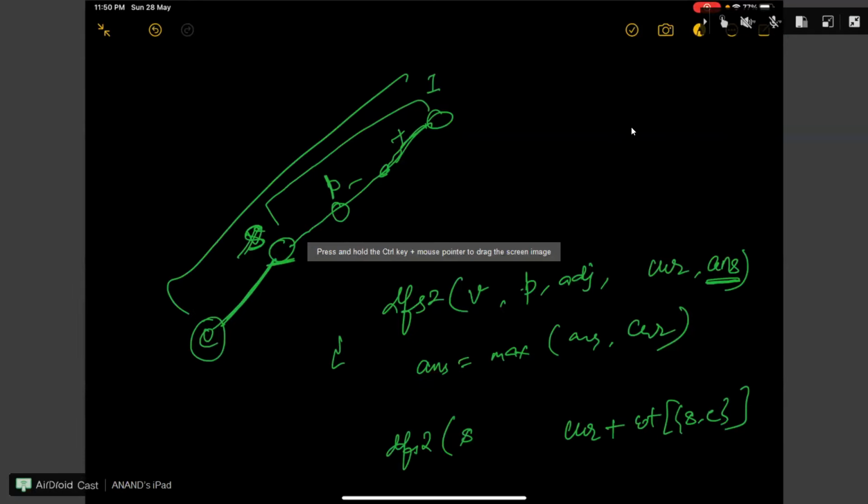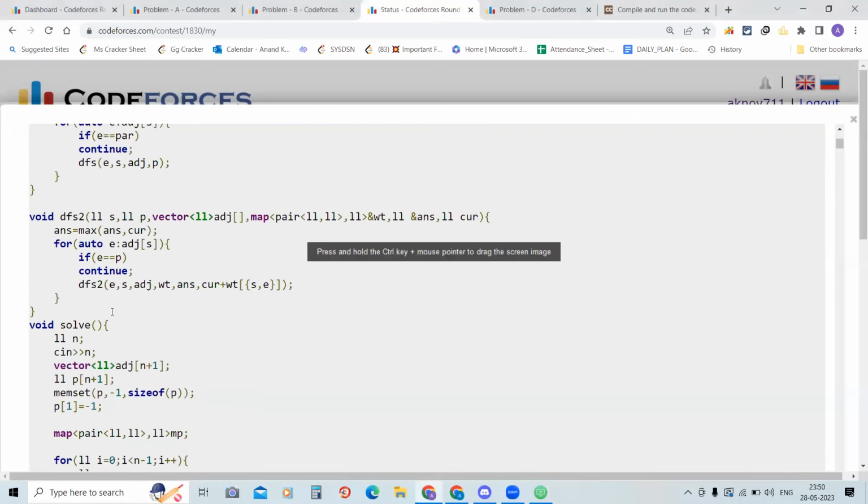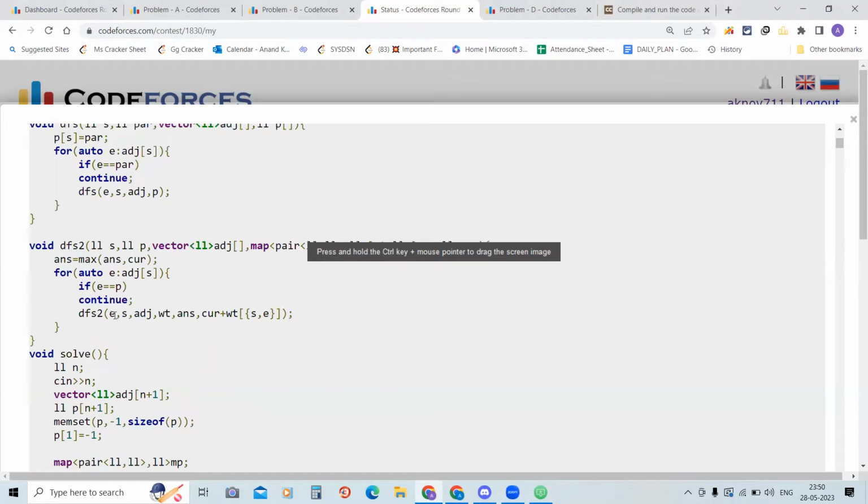When you will be running from S to E, the parent will be S. And that only basically denotes the time. So that's why in DFS2, we are running from E, the parent will be S, and the time up to this point will be current plus weight of SE.